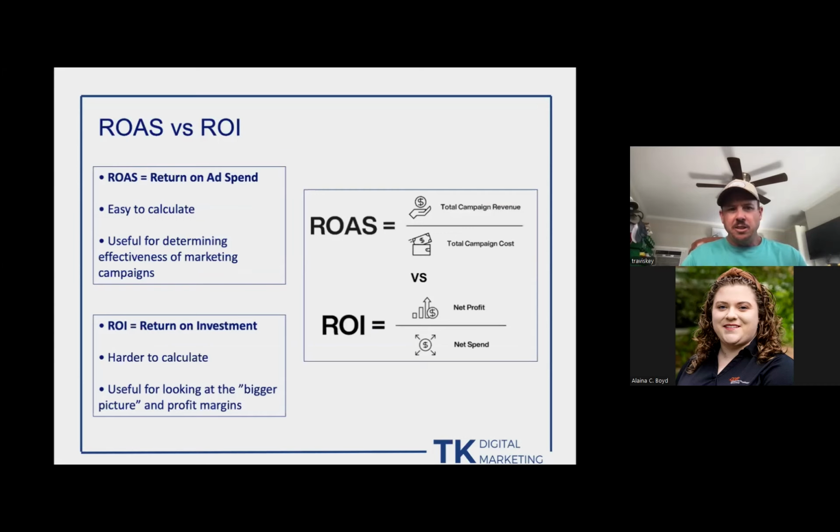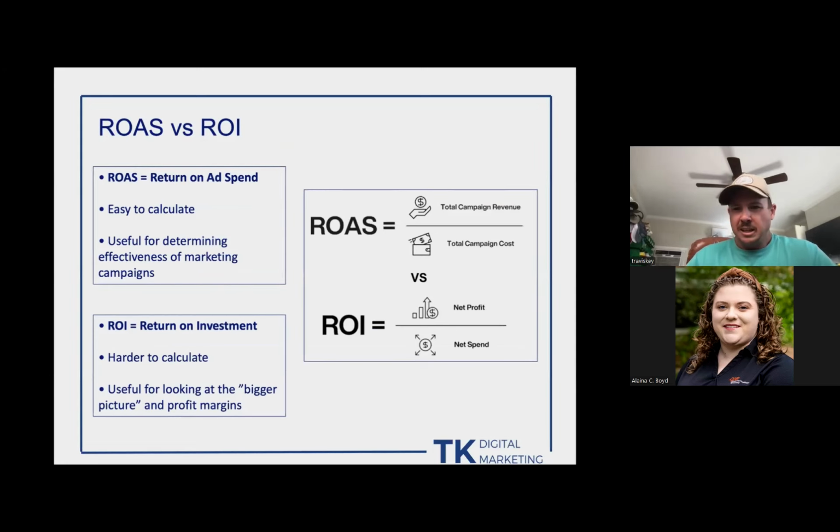Okay, let's go over this ROAS versus ROI thing because this can be confusing to a lot of people, and we'll be talking about ROAS a lot as we work through this presentation. So let's talk about ROAS, or return on ad spend, first. This is a very basic calculation, and the Meta Ads platform actually does this calculation for you.